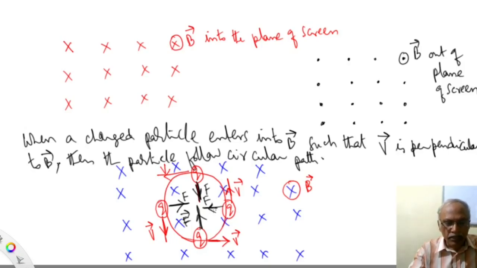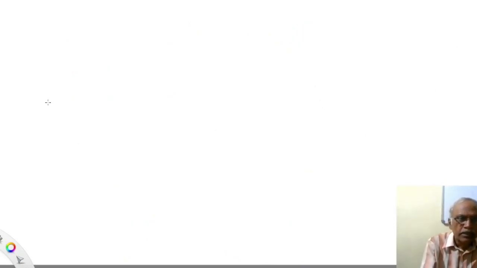Time period means the time taken by the particle to make one revolution in the magnetic field. Now, the next one: what is the radius of the circular path?